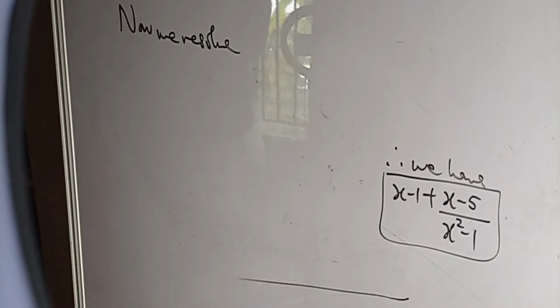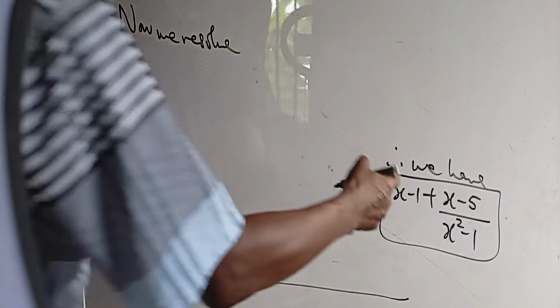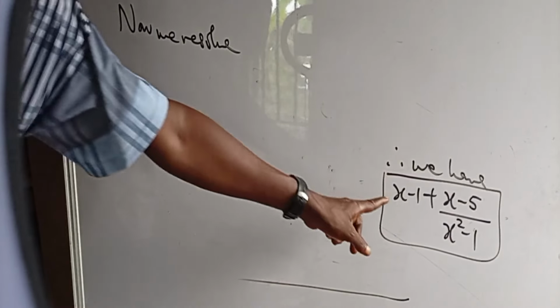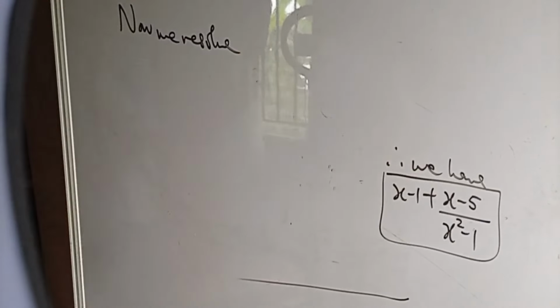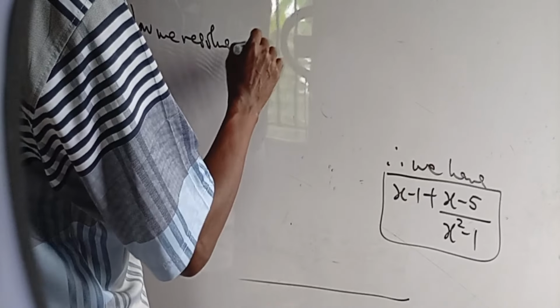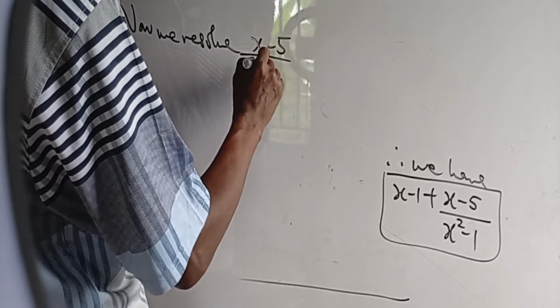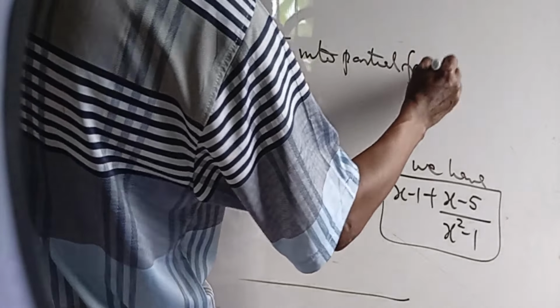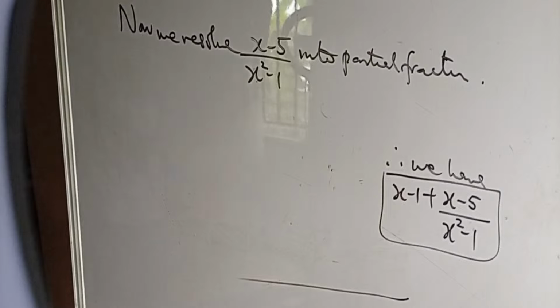The one we are going to resolve is the one that is a fraction, that is x minus 5 all over x squared minus 1. This x minus 1 is not a fraction. It's a linear expression, so we don't have to do anything with it. Now we resolve x minus 5 all over x squared minus 1 into partial fractions. That's what we're going to resolve now. Don't let us forget, let's write it somewhere: x minus 1 plus x minus 5 all over x squared minus 1.